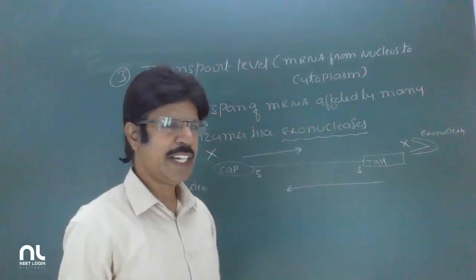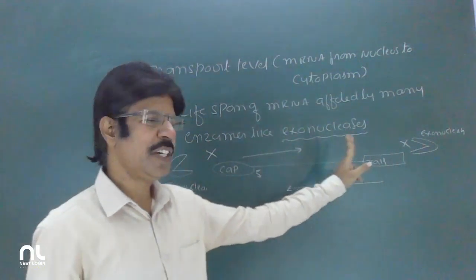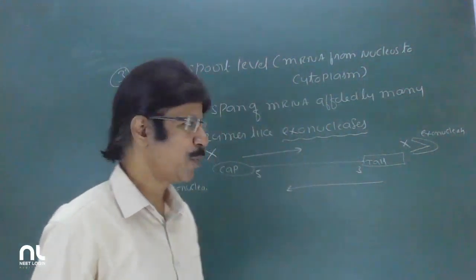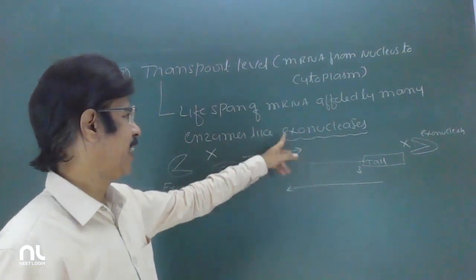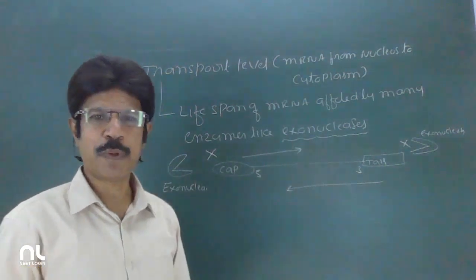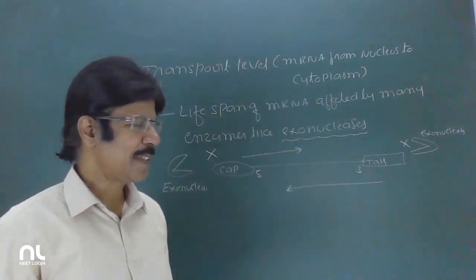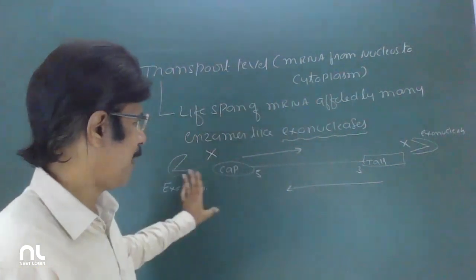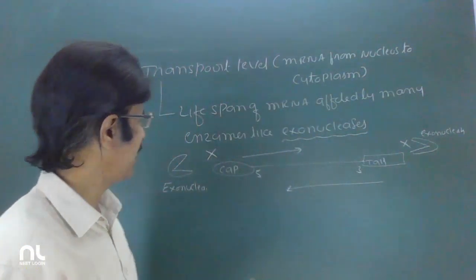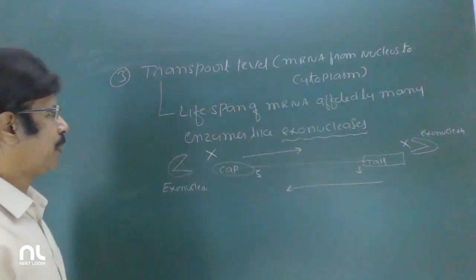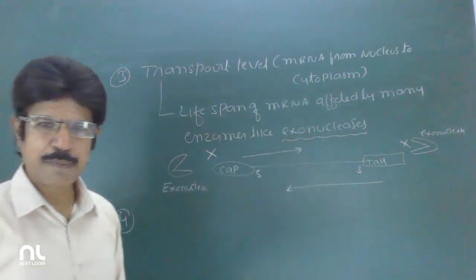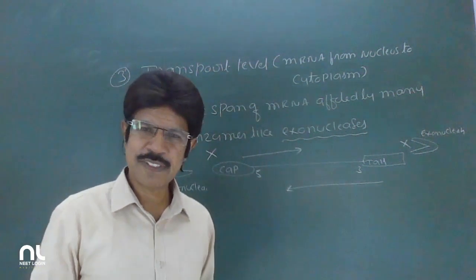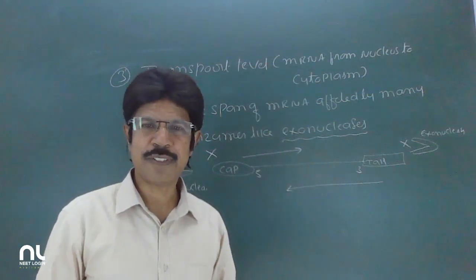Without capping and tailing, RNA is going to be made into fragments. So it should be protected from exonuclease activity by capping and tailing. Transported mRNA, protected from this, is transported from the nucleus to the cytoplasm.